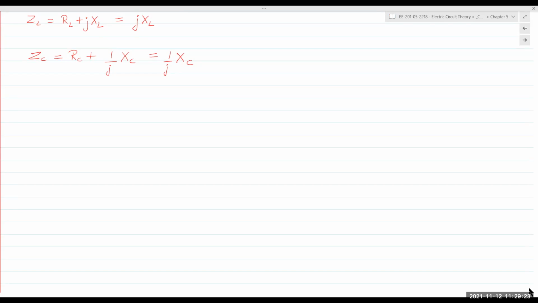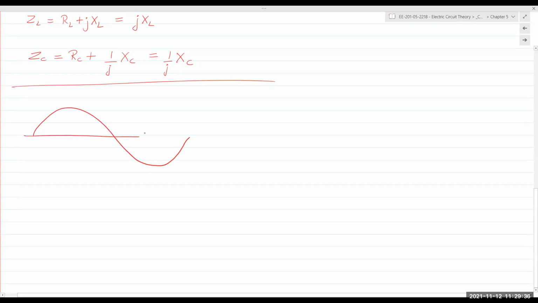So for an inductor, if you plot the voltage and current waveforms, if this is VL and I plot IL, there is a phase difference between the voltage and current for an inductor.